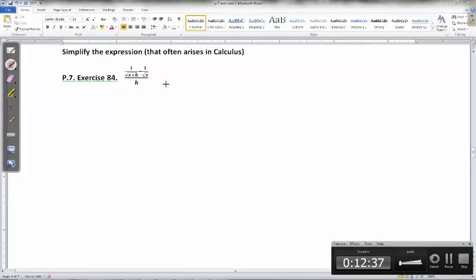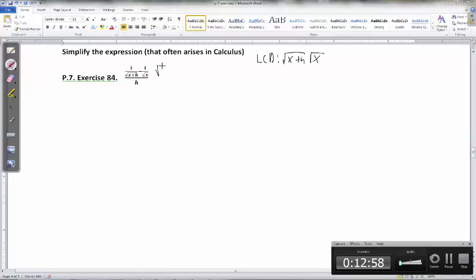Here, I think I'm actually going to start with method 2. There's only fractions in the top, so I'm going to clear those. Find my LCD, which would be, can't factor that any further, square root x plus h, square root x.